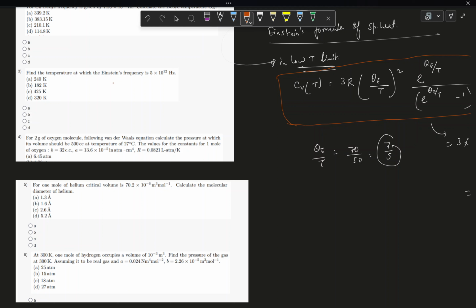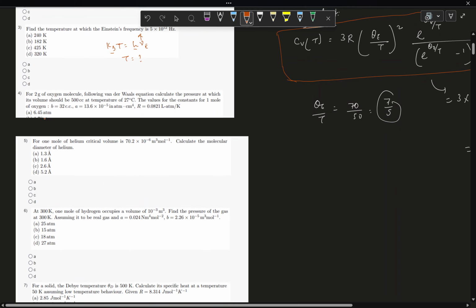You have to match the energy scales, h nu equal to kBT, matching the frequency-corresponding energy scale with the temperature-corresponding thermal energy, and you will get the Einstein temperature. So kBT is equal to h times nu E, where nu E is the Einstein frequency. You know the kB value and the h value, so from here you will get T. You can calculate it by yourself.